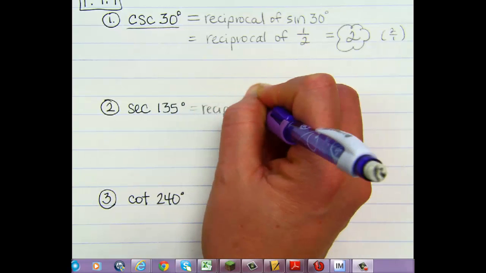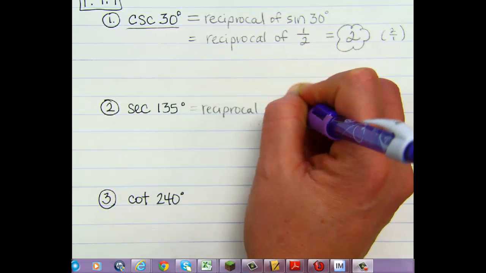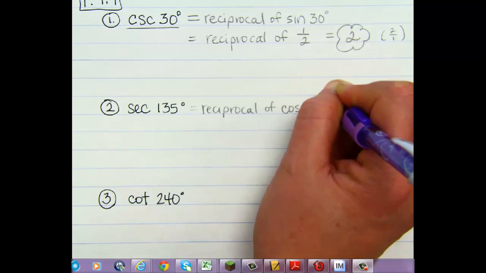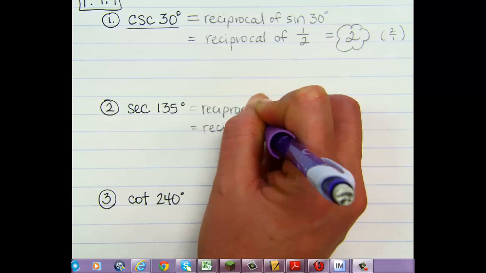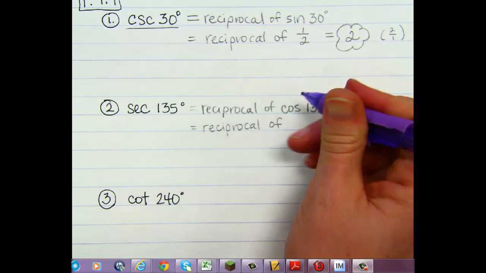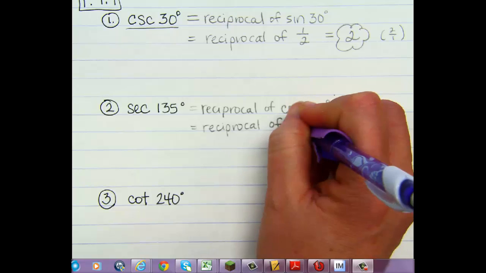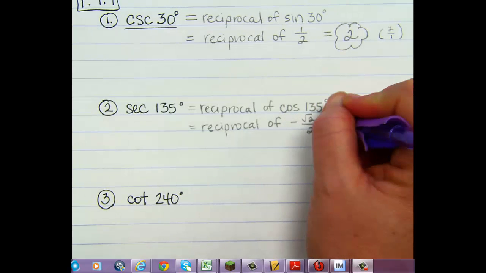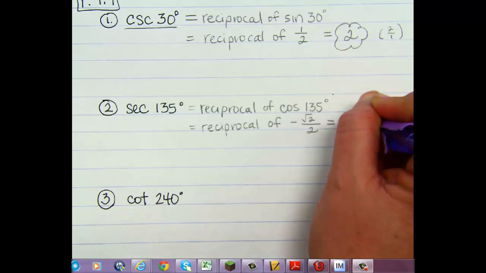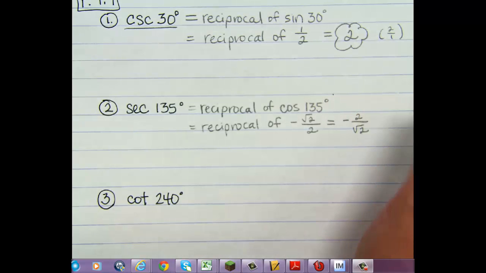Secant of 135 will be the reciprocal of the cosine of 135. So again, it's all going back to our unit circle values. So we need to know the cosine of 135. Well, that's in our 45 family, so I know I have to have a √2/2 answer. 135 degrees is in quadrant 2. Cosine in quadrant 2 is negative.